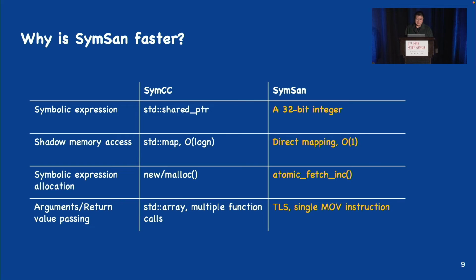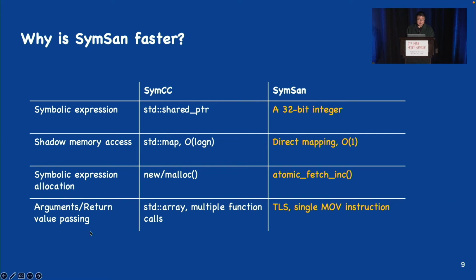The second reason is that for shared memory access, SymCC uses a tree map, and it has a long constant overhead for each access. But SymSAN is built on DFSAN and uses direct mapping, so it has a constant shared memory access time. For allocation, SymCC calls malloc, but SymSAN just uses an atomic instruction.